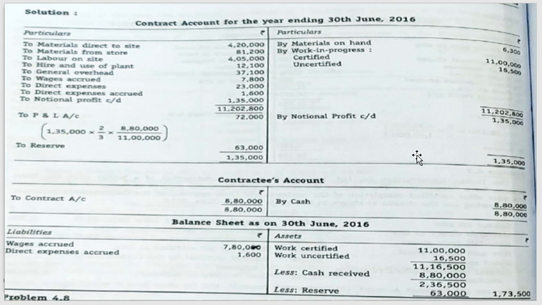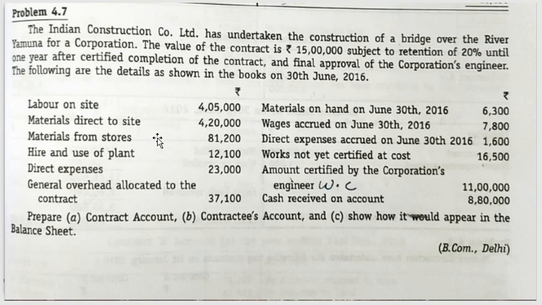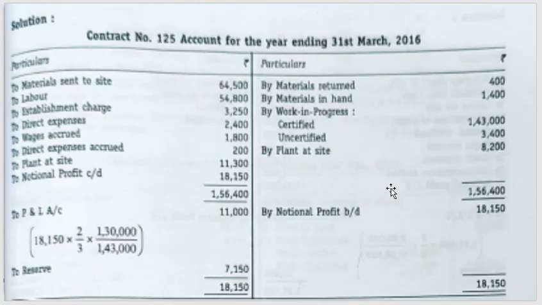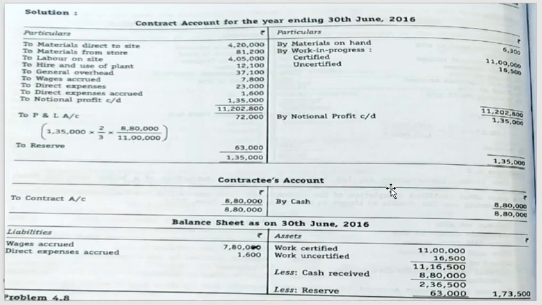So by work in progress we have uncertified, which is 16,500, and the certified amount will be the amount certified by the contractor's engineer, work certified, which is 11 lakh. Under work in progress, work certified as well as uncertified is being recorded.